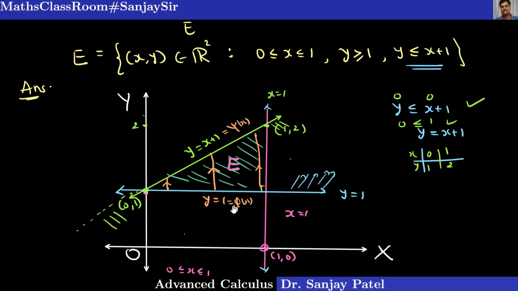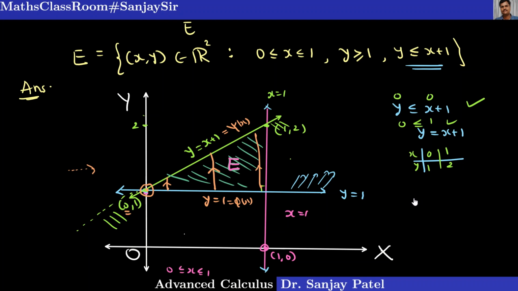To determine the limits of x, which are constants, after determining the curves, we always walk in this direction, from left to right. What is the first point where we can enter this region? At that point, or on that boundary, what is the minimum value of the variable x? So the minimum value of x is 0.